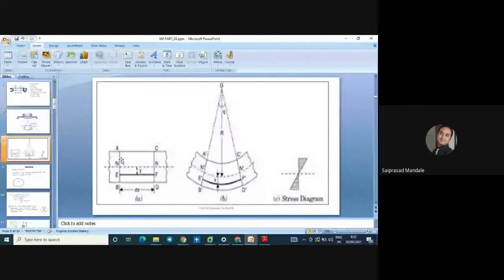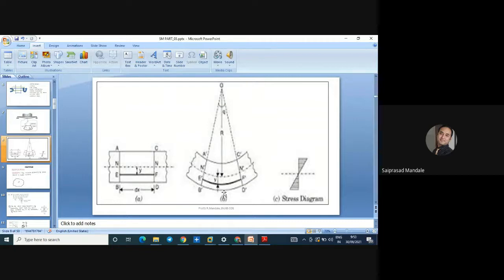See, this is the beam. If it bent like this, this is a U shape, and there is a variation layer by layer. There are n number of layers, but we have selected the top layer, bottom layer, and the center layer, and from that we are deriving something. The upper layer is subjected to compression, and the lower layer is subjected to tension.